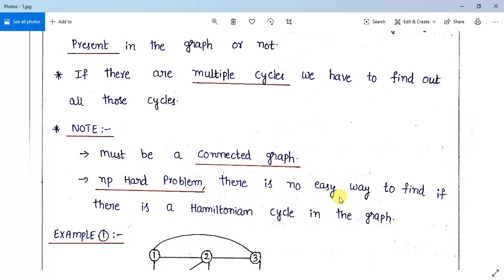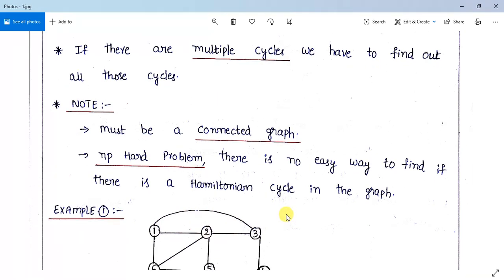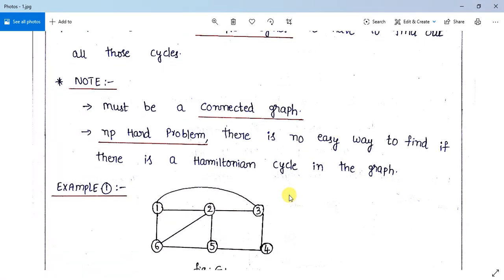There is no easy way to find the solution, so it is difficult to find all the Hamiltonian cycles present in the graph. We will discuss NP hard problems in the 5th unit, so don't bother about that. For the time being, remember that it is not an easy problem and the time complexity is very high.